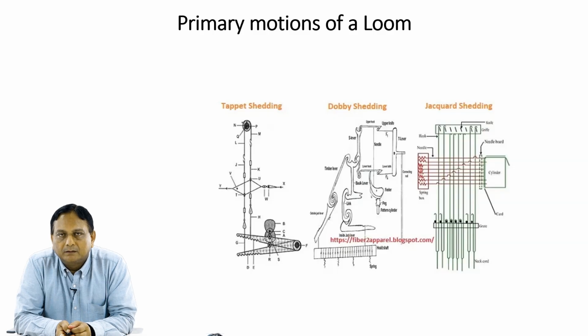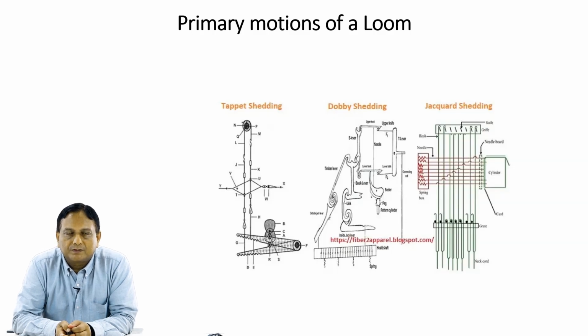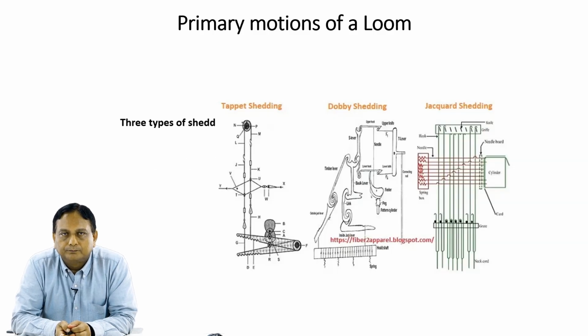Then there is one particular shedding arrangement called the dobby, and similarly there is jacquard shedding. So these are the different shedding operations which come under the primary motions of a loom.